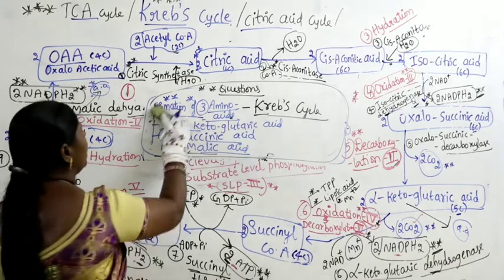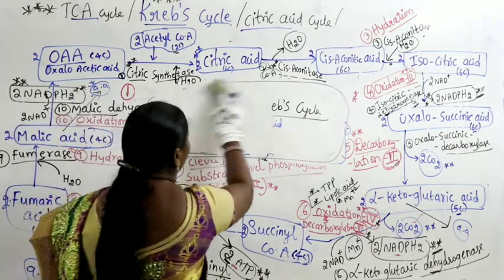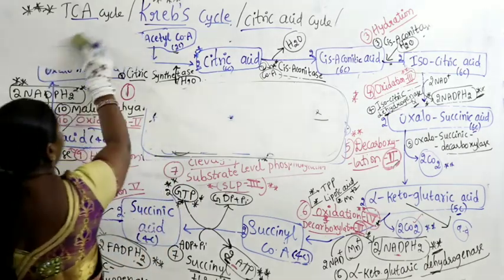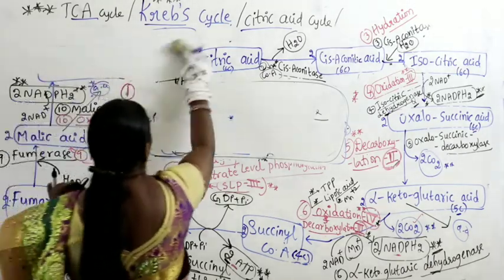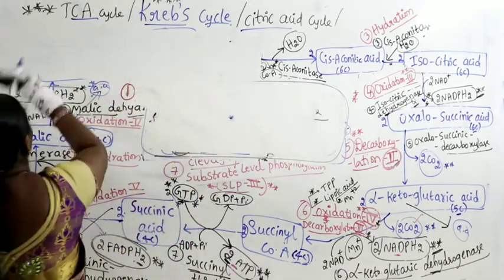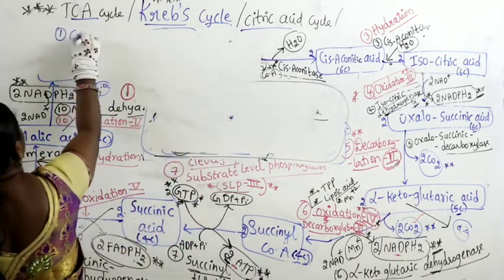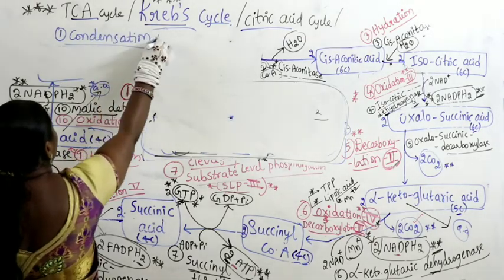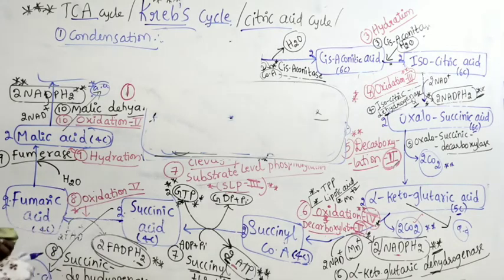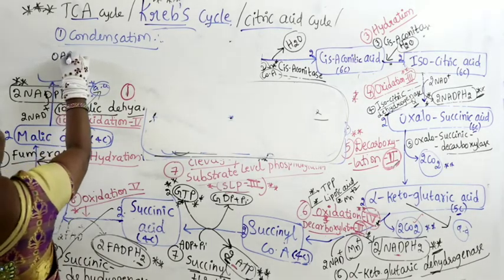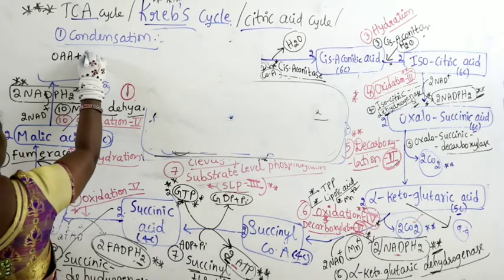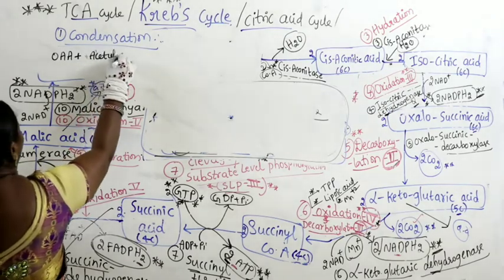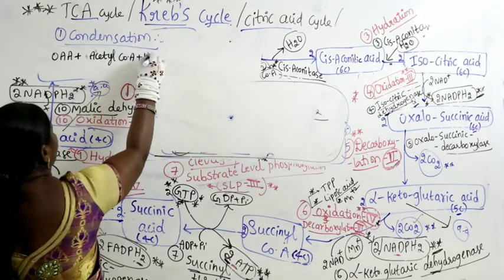So let us continue now. Take white paper and start writing the reactions one by one. What is the first reaction we have to write in Krebs cycle? That is condensation. Split into reactions and start writing one by one. You can write OAA, oxaloacetic acid, plus acetyl CoA, CoA is added, plus water is added.